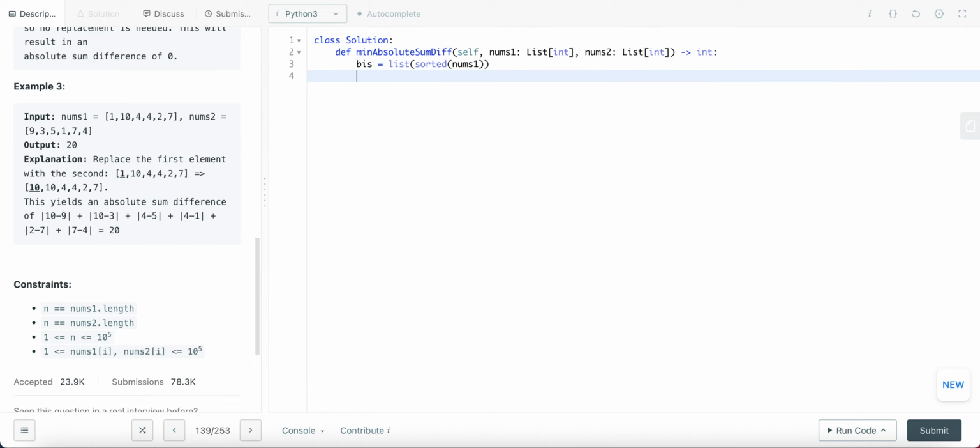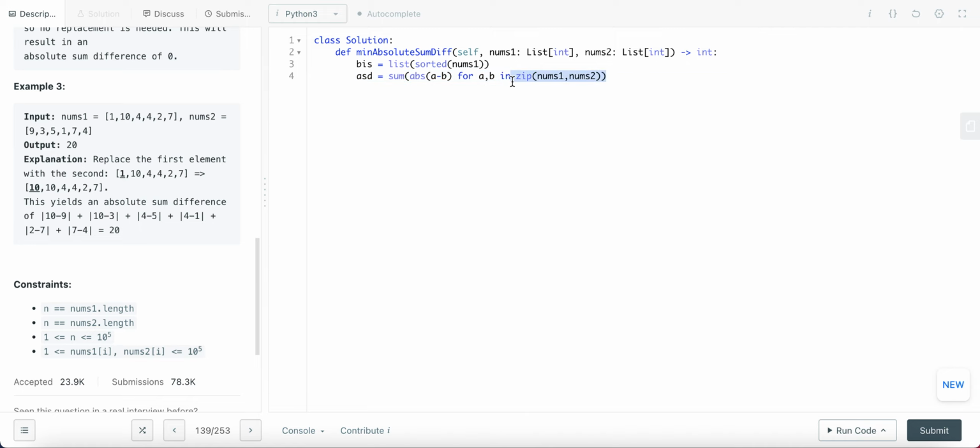We need to find out what our absolute sum difference was initially, and you can do it like this. We're going to take the absolute sum difference of all the elements in nums1 and nums2, abs(a - b) for a, b in zip(nums1, nums2). What this basically does is it makes these parallel. When you zip it together, it takes all the elements at the indexes and zips them together, right?